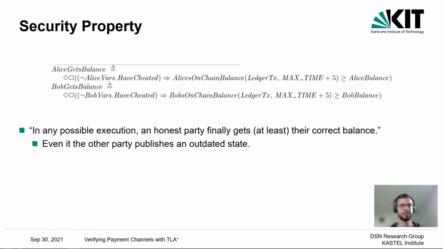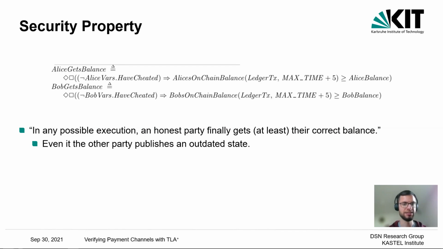So let's look at the security property that we have specified. You can see it here in an informal way. It states that in any possible execution, an honest party finally gets at least their correct balance. And this security property must be fulfilled even if the other party publishes an outdated state.